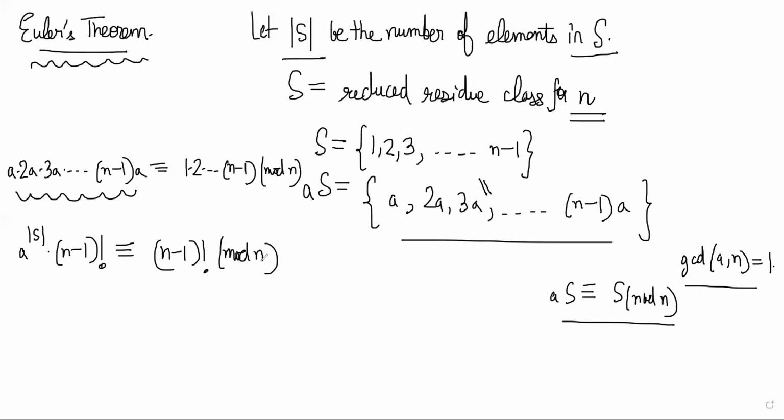Can we cancel (N minus 1) factorial right now? If N is not prime, we cannot cancel.